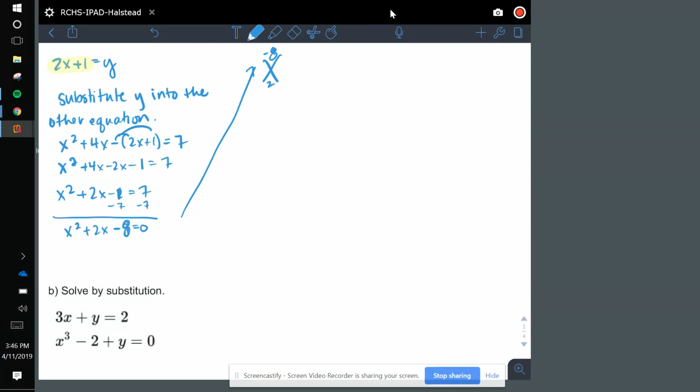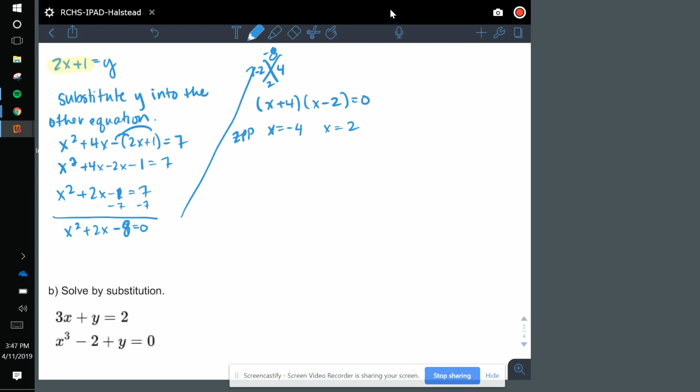So it multiplies to negative 8 and adds to give me 2. So that would be negative 2 and 4. So my factored form would be x plus 4 times x minus 2 is equal to 0. Using the zero product property, I get x is equal to negative 4 and x can equal 2.